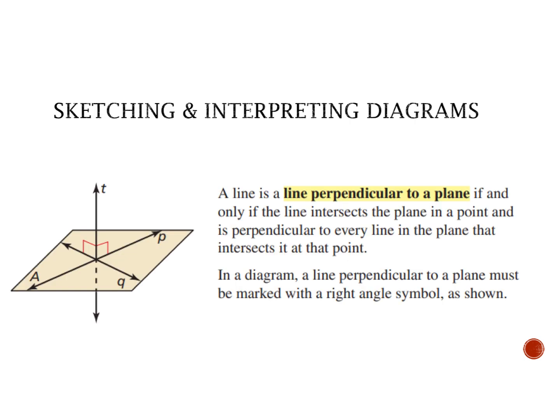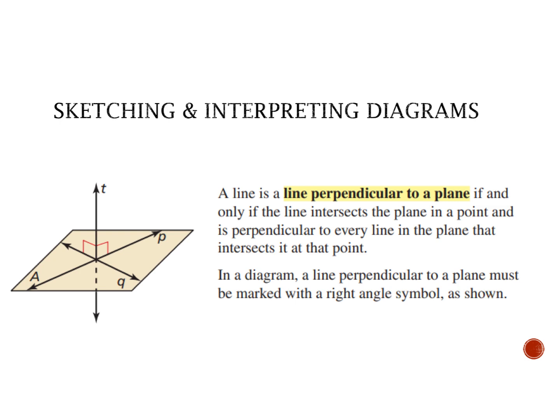So when sketching and interpreting diagrams, we have a scenario where a line can be perpendicular to a plane if and only if the line intersects the plane in a point and is perpendicular to every line in the plane that intersects it at that point. Now, this is kind of confusing. It's really hard to draw, but you can tell if this is true because in any diagram, a line that's perpendicular to a plane must be marked with the right angle symbol as shown.